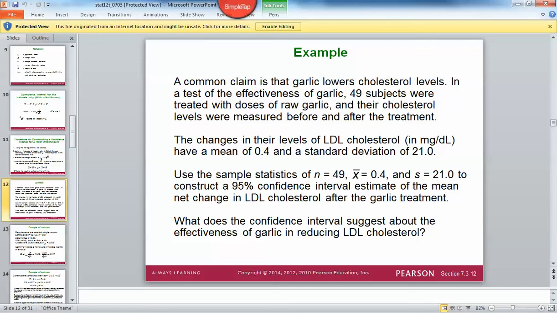The changes in their levels of LDL cholesterol have a mean of 0.4 and a standard deviation of 21.0. Use the sample statistics of n equals 49, x bar equals 0.4, and s, standard deviation, equals 21.0 to construct a 95% confidence interval estimate of the mean net change in LDL cholesterol after the garlic treatment. All right.